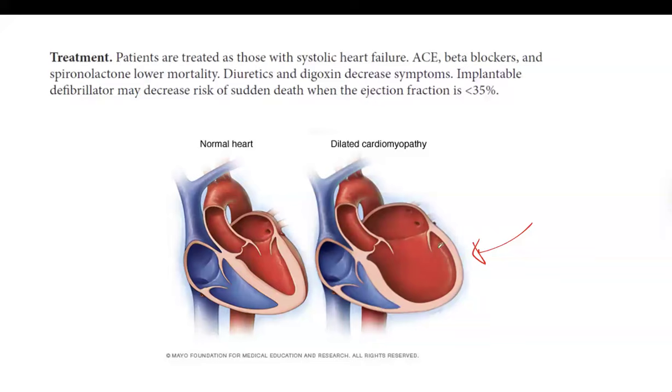So if it can't contract, what kind of heart failure will we get in this patient? Yes, if the heart cannot contract, we are going to get a systolic heart failure, right? Because that means contractility is the problem.